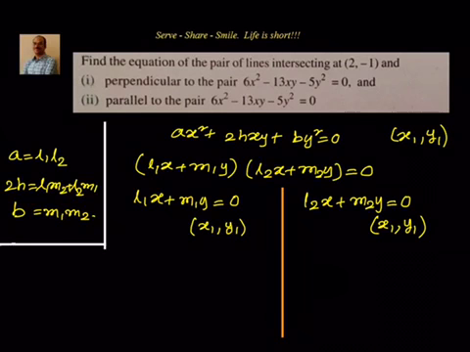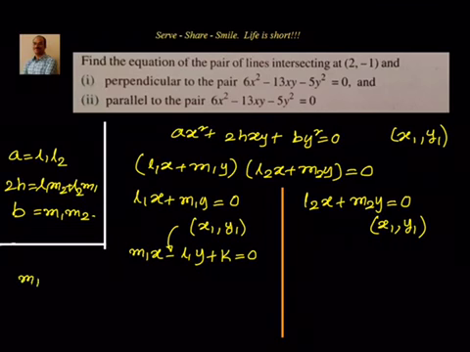Now we know that any line perpendicular to this line will have coefficients switched with opposite sign, because the slopes product is minus 1. Can I write that as M1x minus L1y plus k is equal to 0? I can find out the value of k by substituting x and y as x1 comma y1.